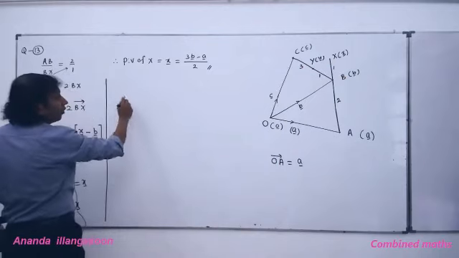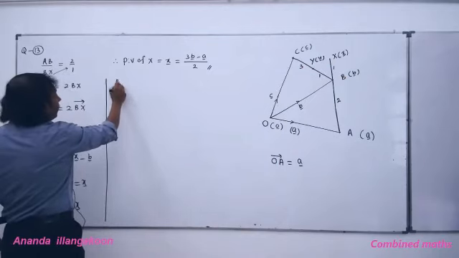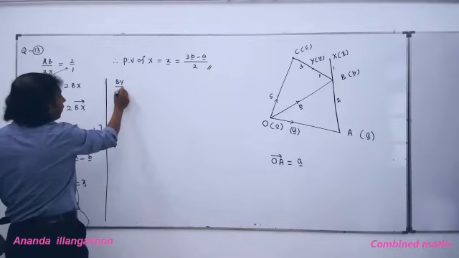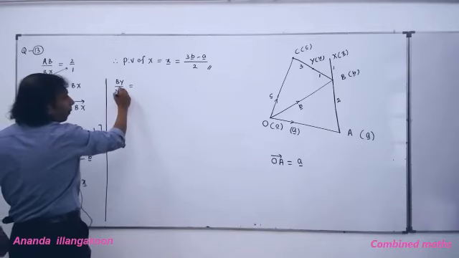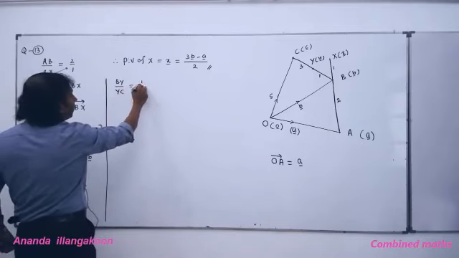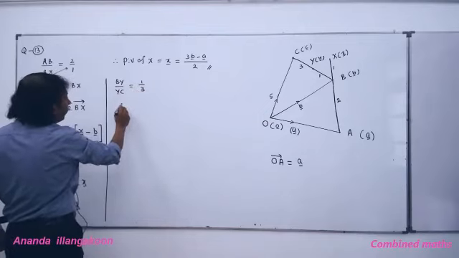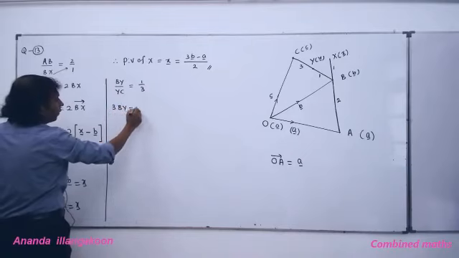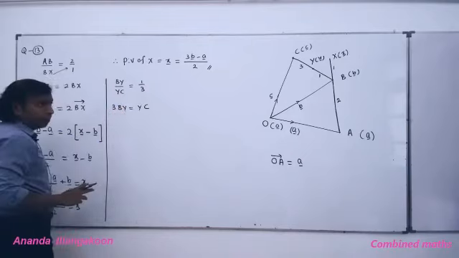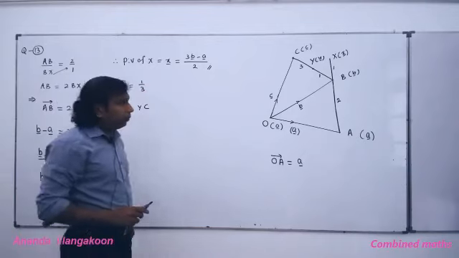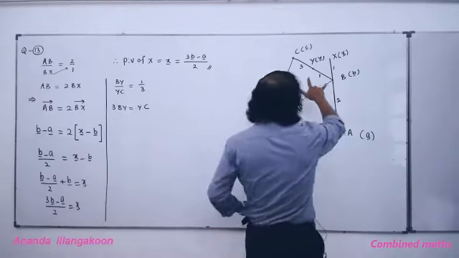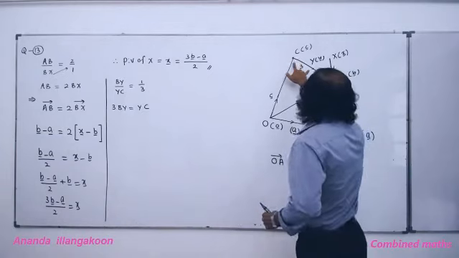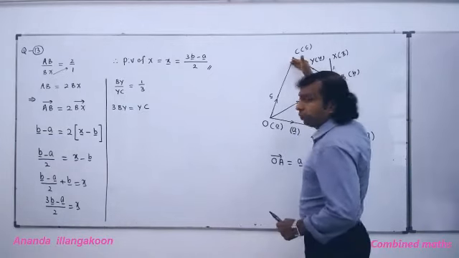But we are given BY divided by YC is 1/3. Then you can use a cross multiplication like this. 3 times BY equals YC. Okay. Then you know both the line segments BY and YC lie on the same line, no?